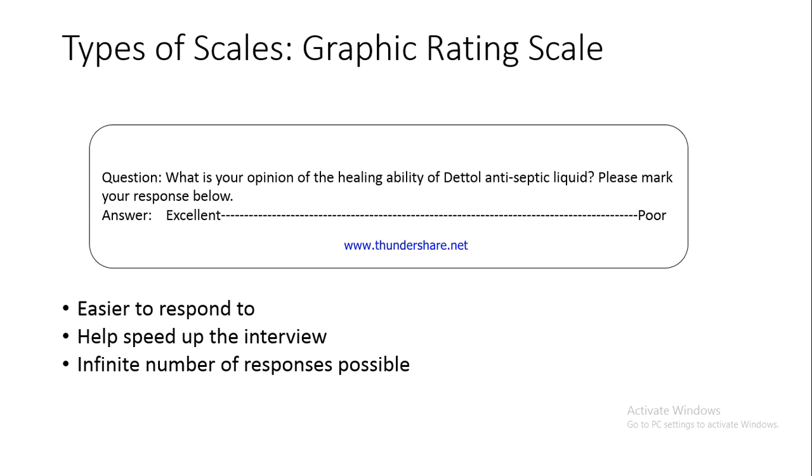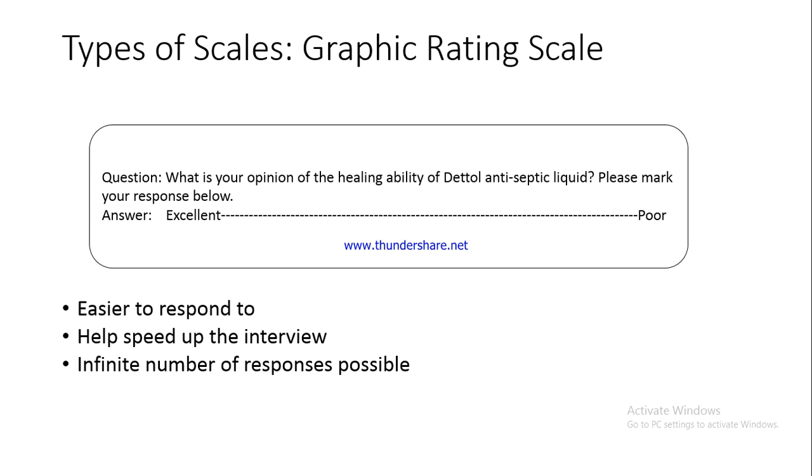The response would be marked somewhere near excellent. And this will give you an idea that the respondent means that the healing ability of the Dettol antiseptic liquid is very, very close to excellent, though not excellent.